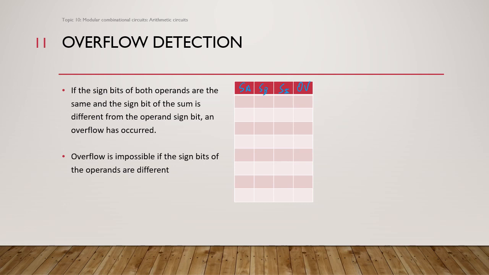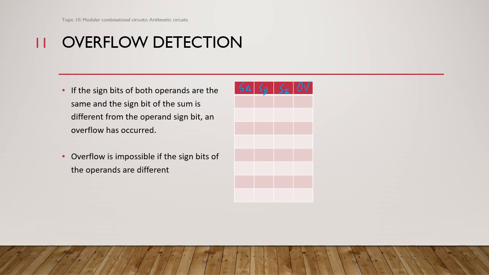But the phenomenon we see is that the sign bit flipped. So the sign bit of the sum is flipped compared to the sign bit of the two operands. Okay, so we can use this property to design a circuit to detect the overflow.